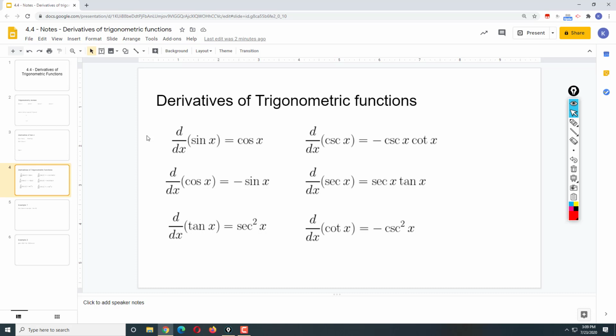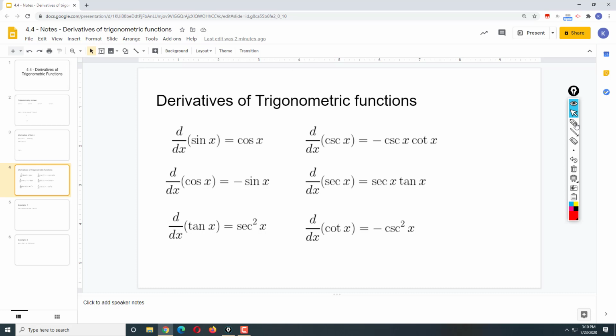The derivative of sine x is cosine x. The derivative of cosine x is negative sine x. As we just saw, the derivative of tangent x is secant squared x. In your homework, you show that the derivative of cotangent x is negative cosecant squared x. The derivative of secant x is secant x times tangent x. And finally, the derivative of cosecant x is negative cosecant x cotangent x.